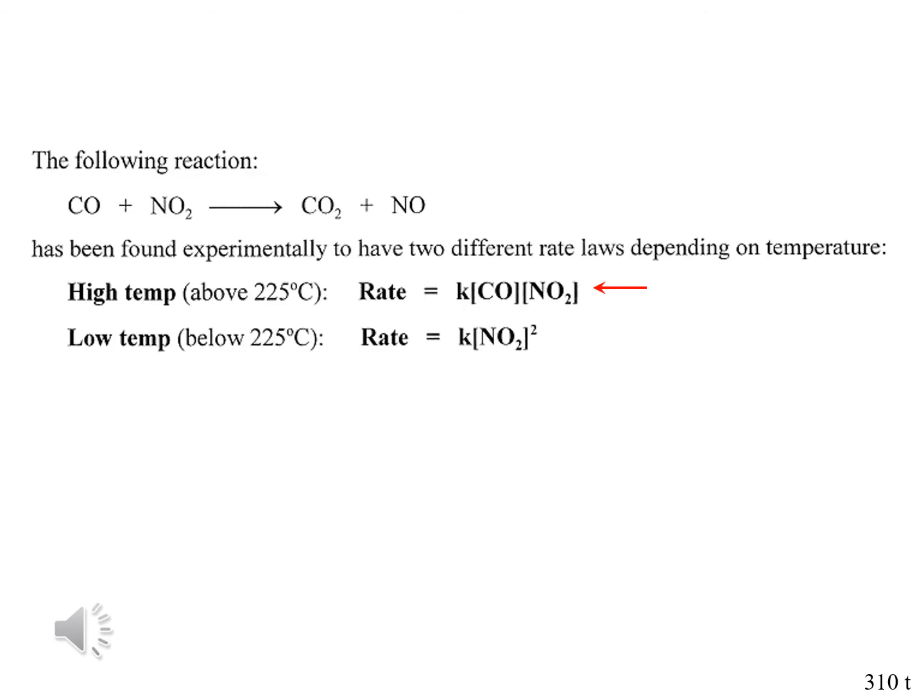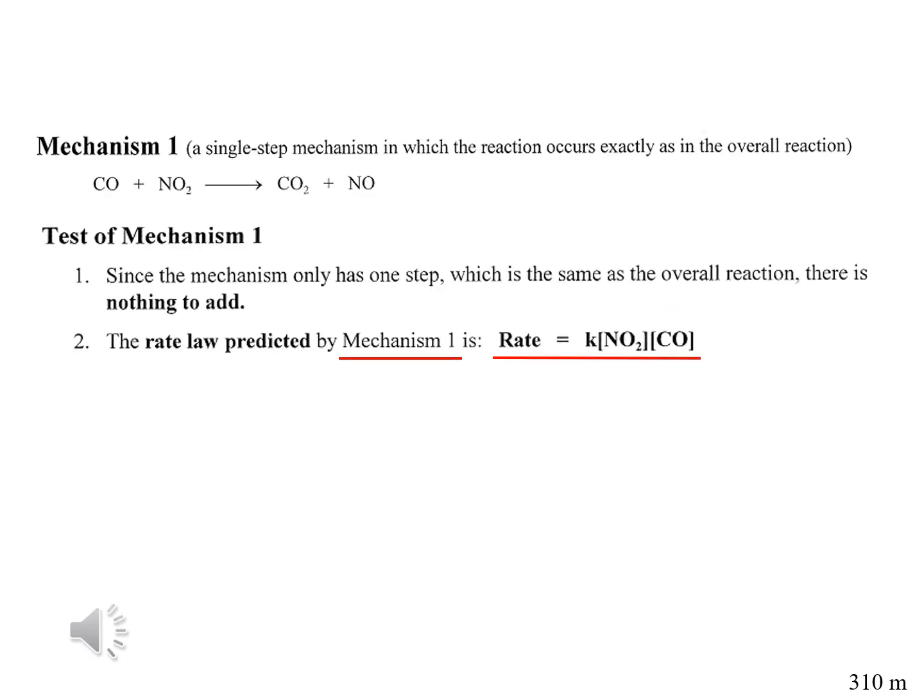Now we're ready to match the mechanisms with the correct temperature. According to the experiment, the high temperature rate law was CO and NO2 to the first. As you can see, that is the rate law that was predicted by mechanism 1, and so mechanism 1 is probably the one that occurs at high temperatures.